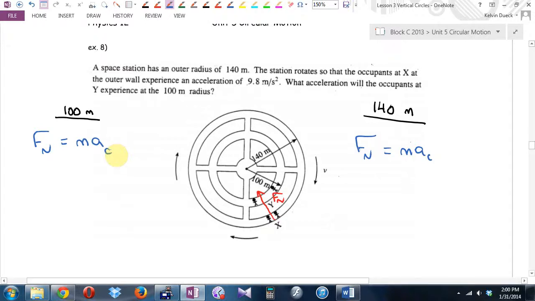Hakeem, again, this goes back to your question. I think what's the same at these two locations is not the speed. I think here and here, they both have the same period, the same time to go around. So I'll even make a little note here: T equals T at 100.